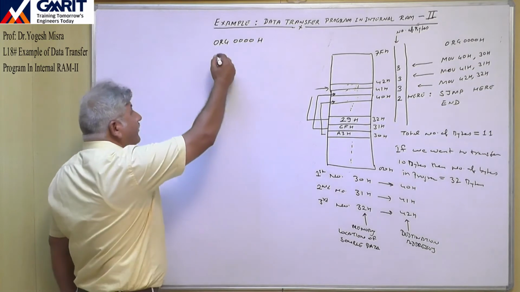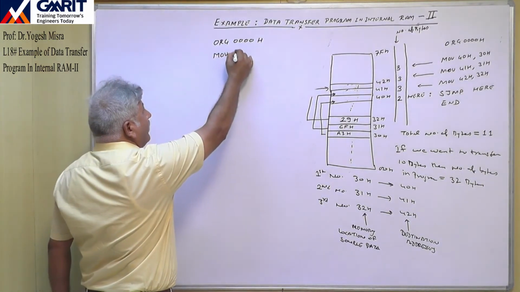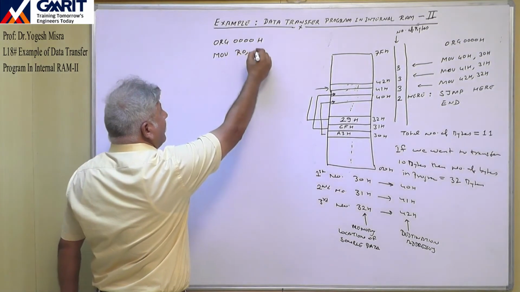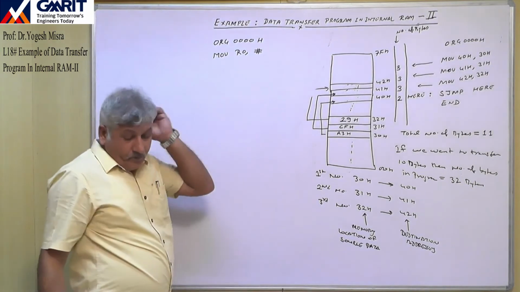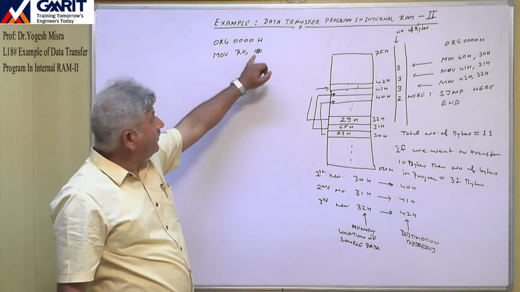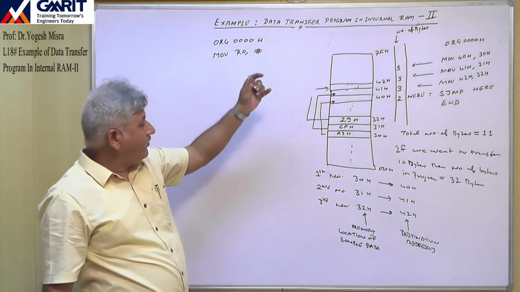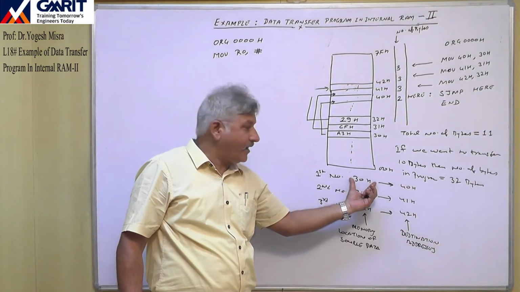So here I will write one instruction, MOV R0, #. So in R0 register, I will store the memory location of my first source data.